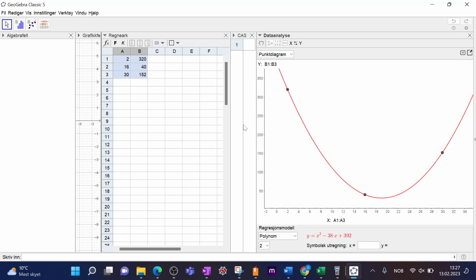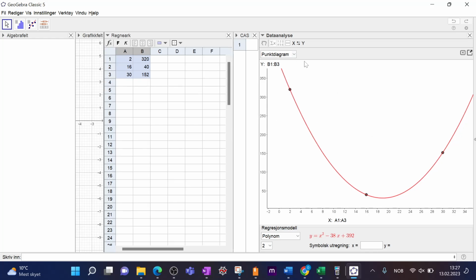So to do that, we have to find the minimum point for this graph, because this is a model that allows us to predict data outside of the table that we're given, right? So we're supposed to use the model, and to do that, we have to copy this graph into the graphics field.